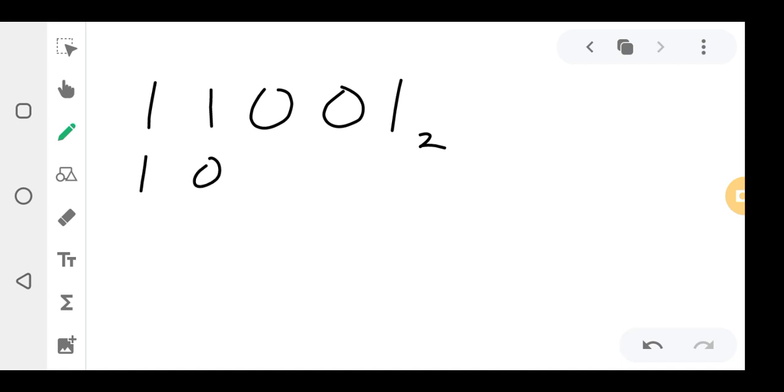Sometimes they can give you 1, 1, 0, 0, 1 in base 2, and then they can give you 1, 0, 1, and 1, 1, base 2.